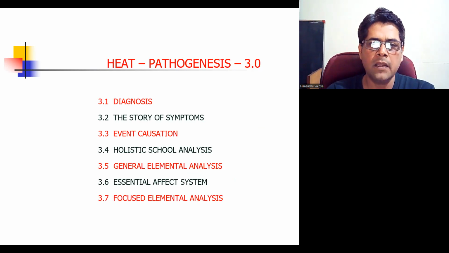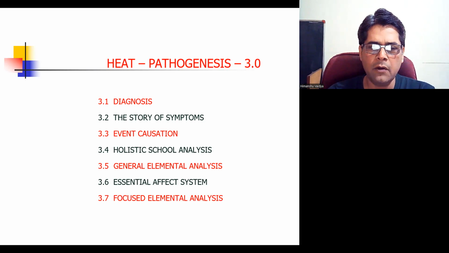So if we look at the heat pathogenesis aspect of the heat system, we have the heat system pathogenesis in 7 points. Diagnosis, the story of symptoms, which is like any other psychodynamic school.